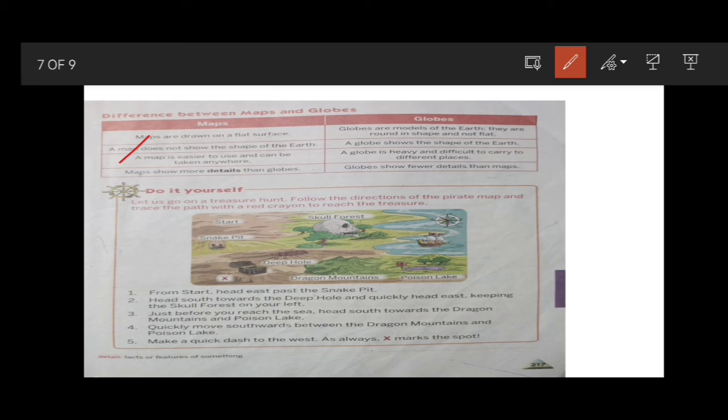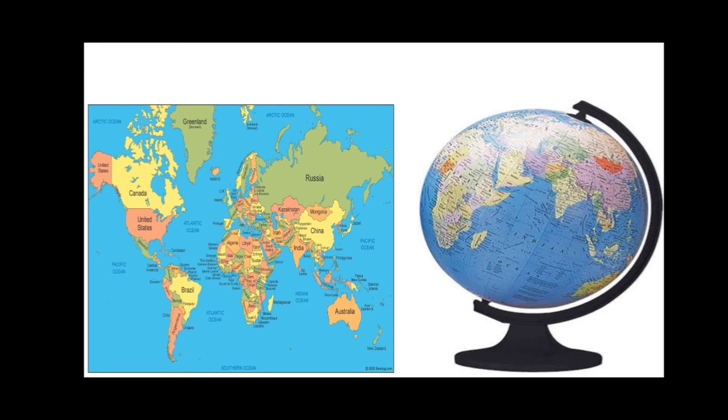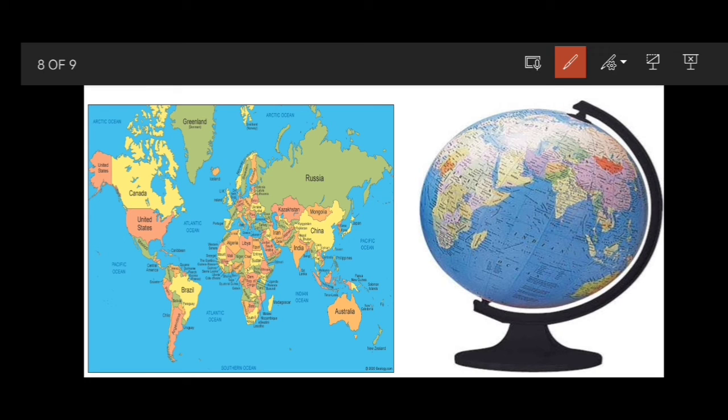Next. A map is easier to use and can be taken anywhere. A globe is heavy and difficult to carry to different places. This is a map and this is a globe. A map is easy to use and easy to carry from one place to another.